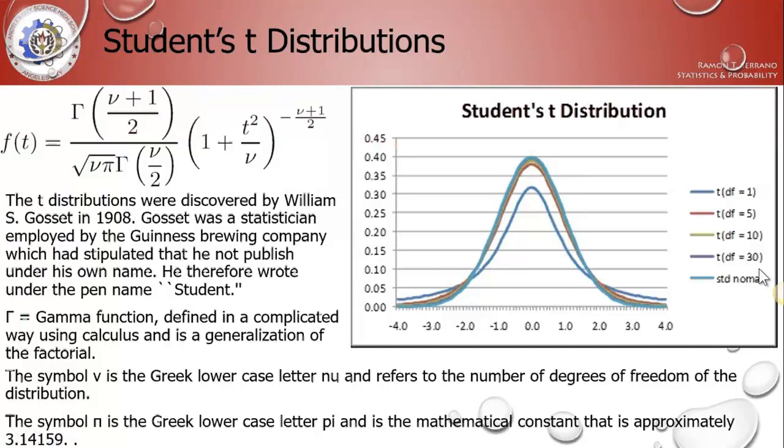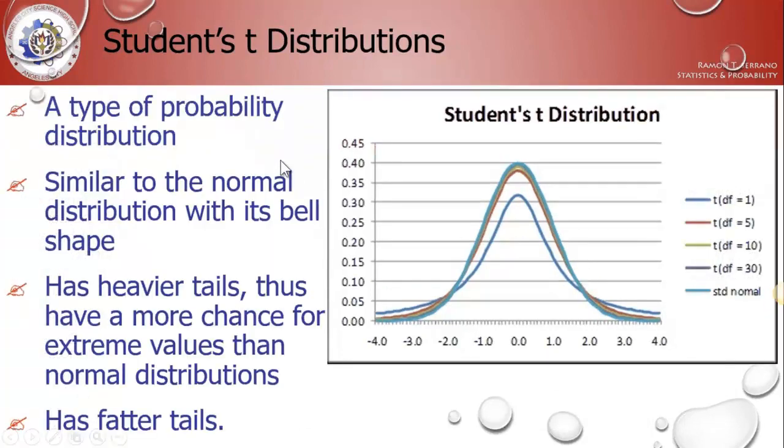That is why many statisticians, they drafted the rule of thumb that if it's 30 and above, pwede na mag-estimate ng Z-table or normal distribution. Okay, of course, our DF or degrees of freedom is equal to sample size minus 1 for single variable. So, yun ang characteristic.